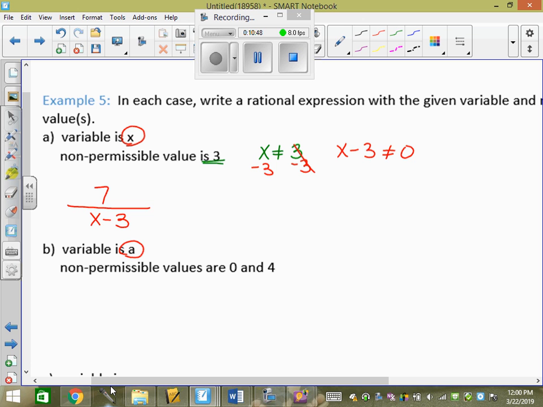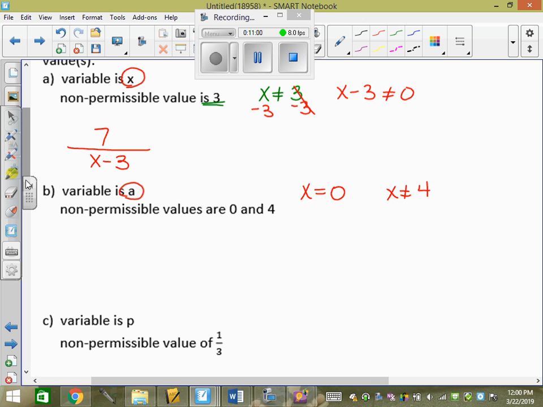The variable is x for this one. My non-permissible values are 0 and 4. If I have a 0, what do I have in my denominator? Just an x. But then I also have this cannot equal 4.